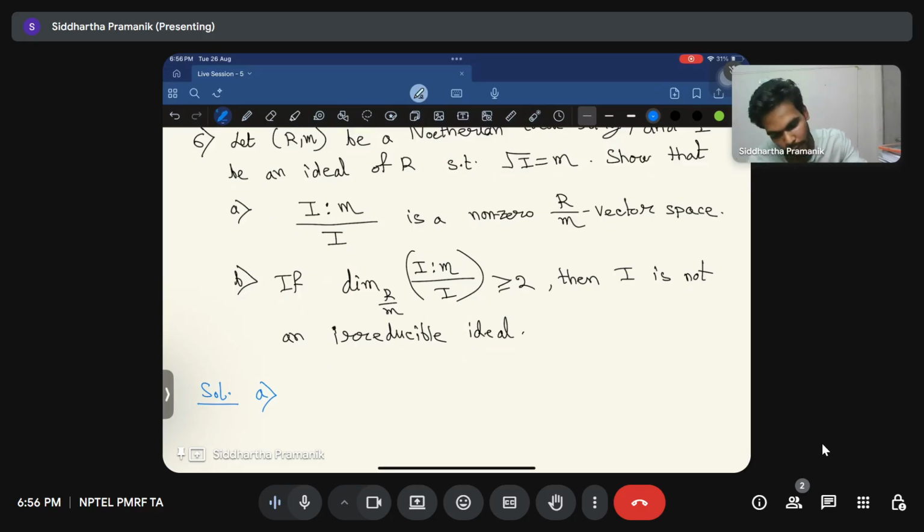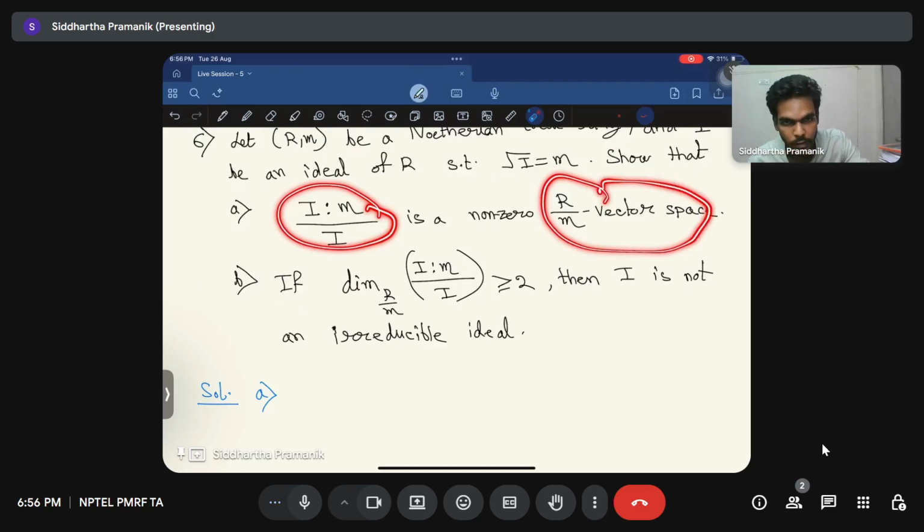So we have to prove that this thing is a R mod M vector space. So basically we need to prove it is a R mod M module.